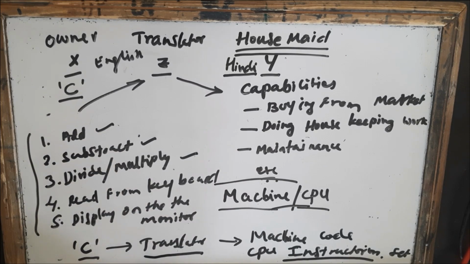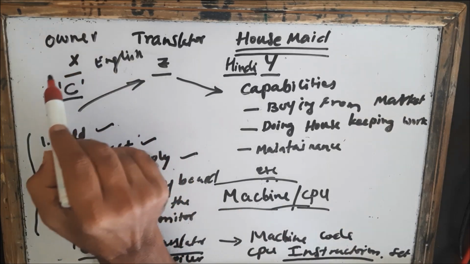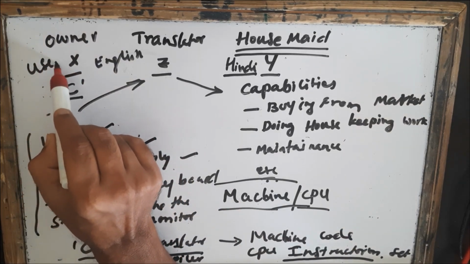We write it in C. This C instruction will be translated to machine understandable code using a translator, which we call a compiler. It becomes CPU instructions and is fed into the machine memory, the CPU memory. The memory will be loaded and each instruction will be executed one by one to get the work done that the user wanted. The owner is the user here.